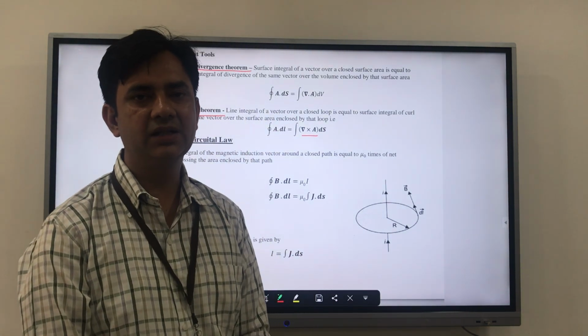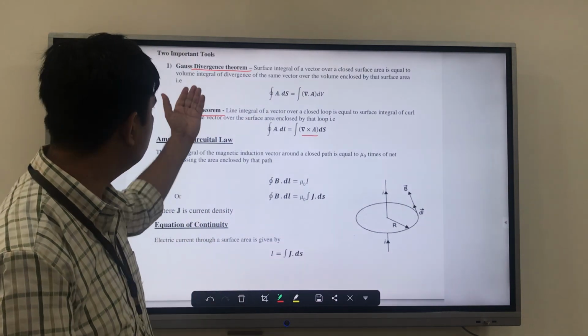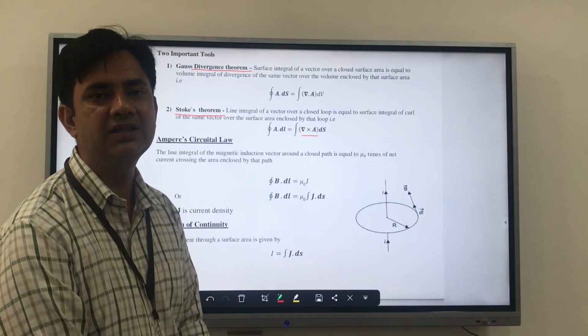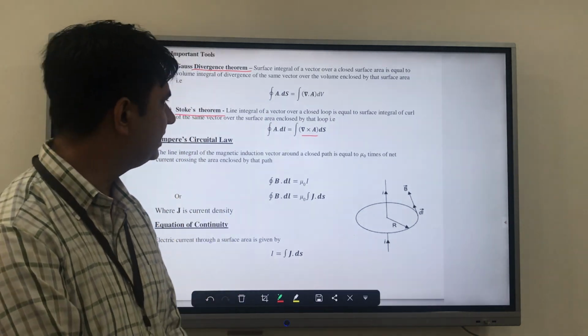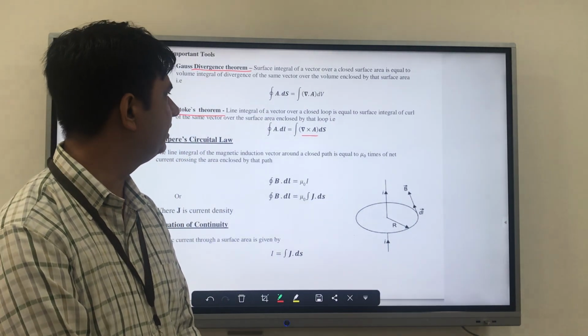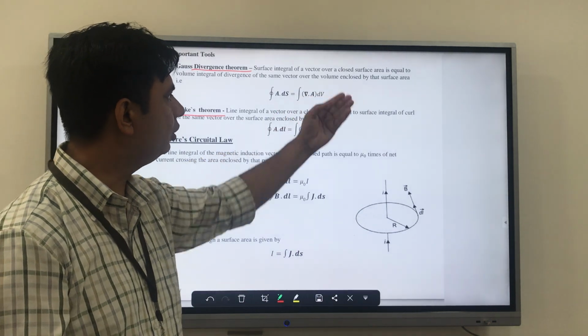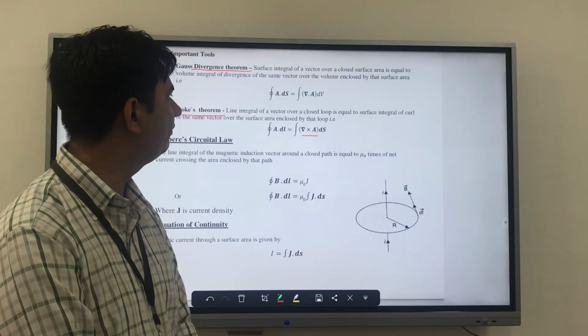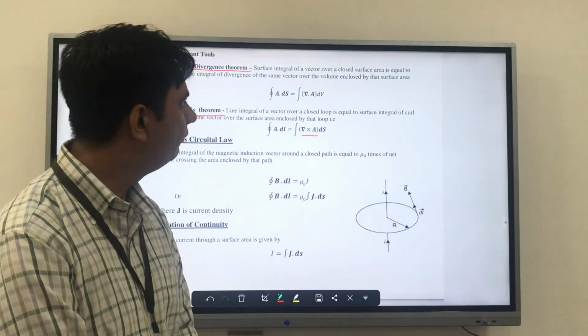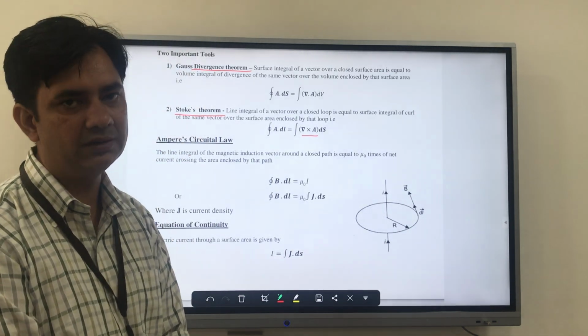Now, in today's lecture, we'll start our first topic, and that is Gauss Divergence theorem. So what is Gauss Divergence theorem? It says that the surface integral of a vector over a closed surface area is equal to the volume integral of the divergence of the same vector over the volume enclosed by that surface.